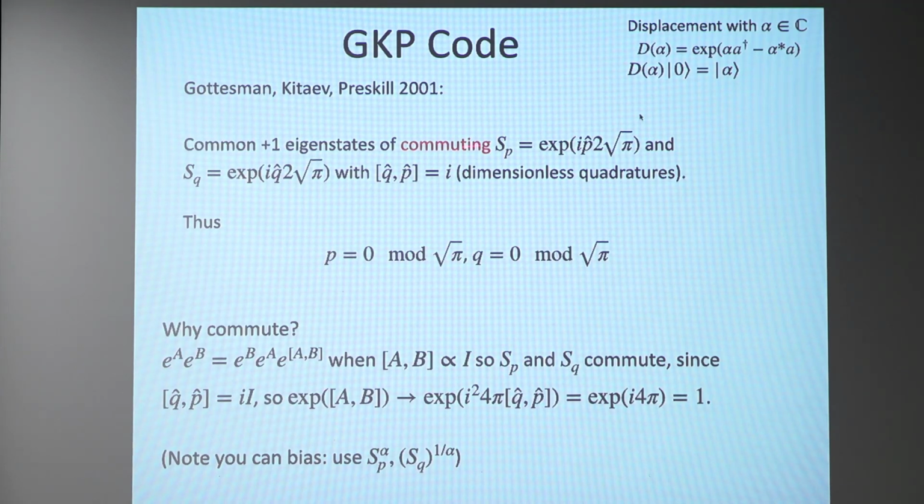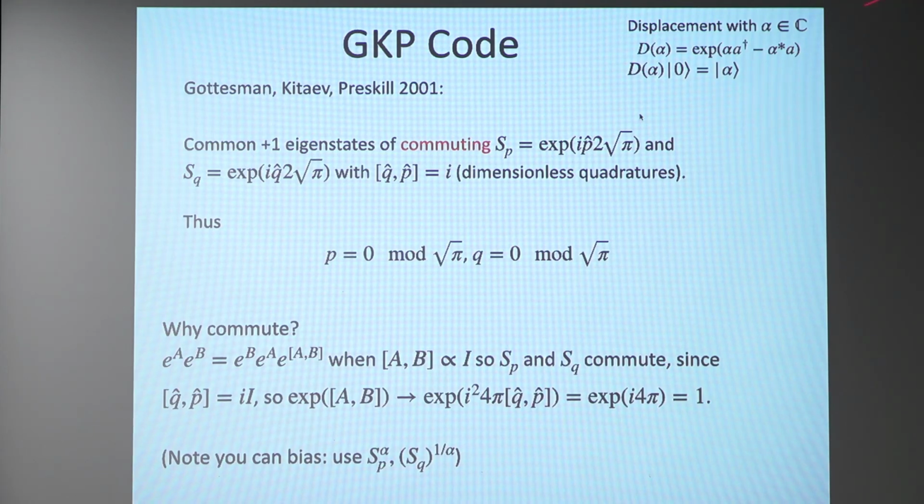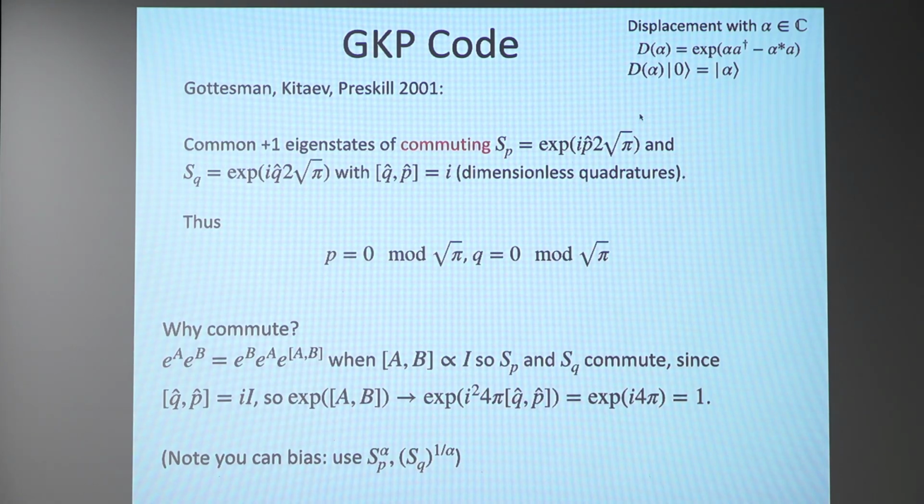But the point is that because they're commuting, and they're just displacements, examples of displacements with a particular alpha, I can pick a +1 eigenstate of these two commuting operators. Let me imagine what that means. If this is a unitary, its eigenvalue has to be +1.